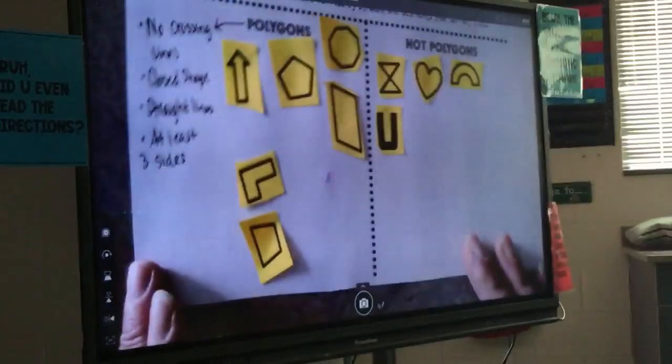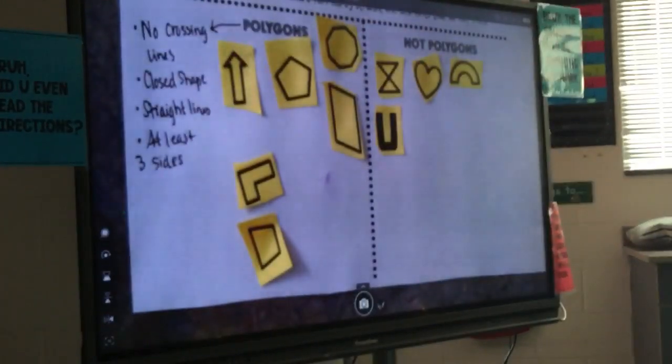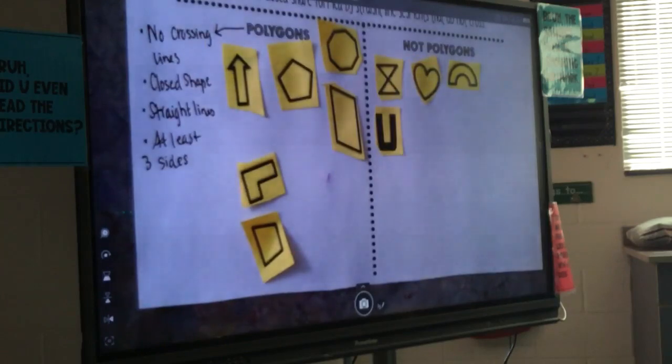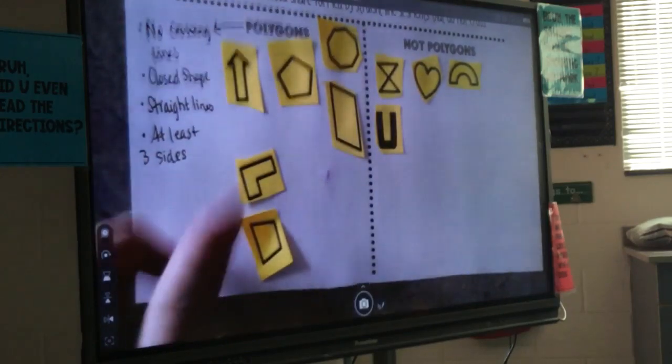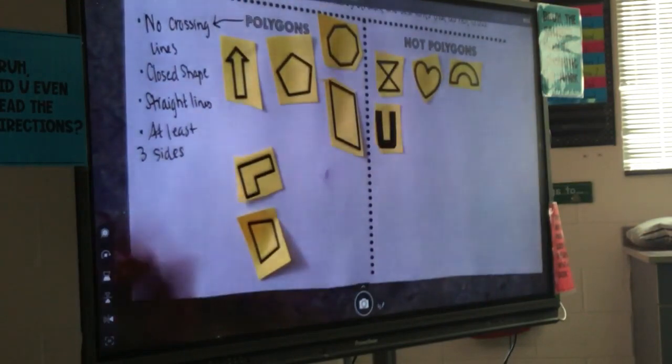All right, what about these two? Yes. Okay, raise your hand and tell me why. Tell me why, guys. Why do these two make it as a polygon? Kira? There's no crossing lines. The shapes are closed. They both have straight lines, and both have more than 3 sides.